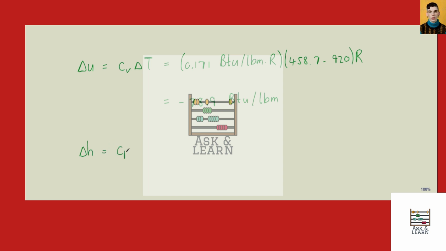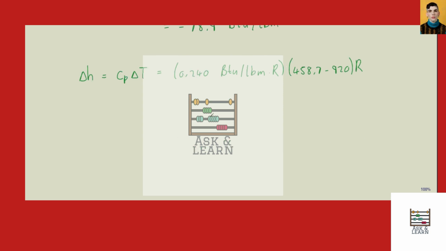The change in enthalpy is the constant pressure specific heat, times delta T. So this is 0.24 for CP BTU per pound R times delta T, which is again 458.7 minus 920 R, and hence we get the enthalpy change to be minus 110.7 BTU per pound.